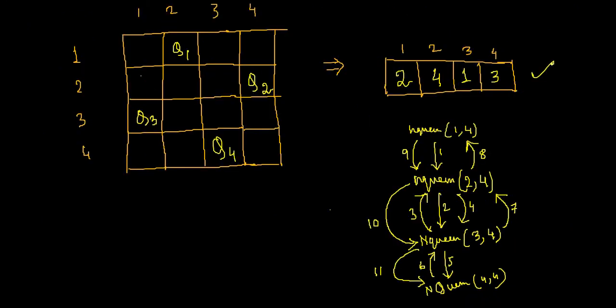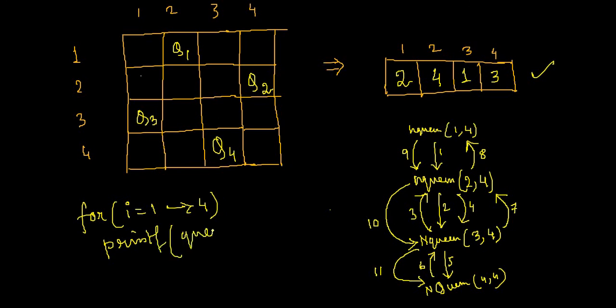That's all. That means I will have a simple for loop with i equal to say 1, 2, 4, and I have a printf statement, something like queen i is placed at a of i-th position.